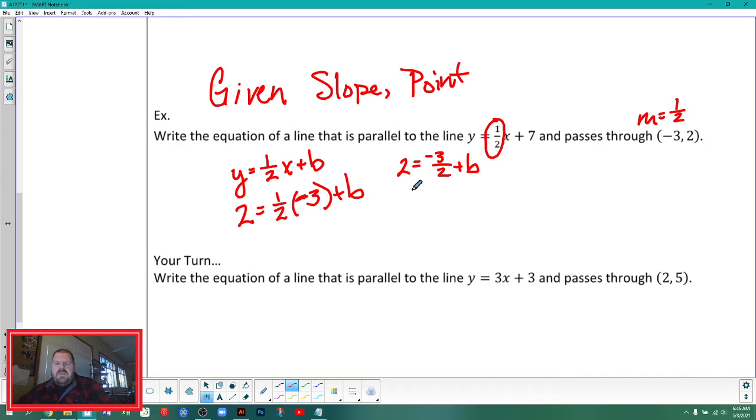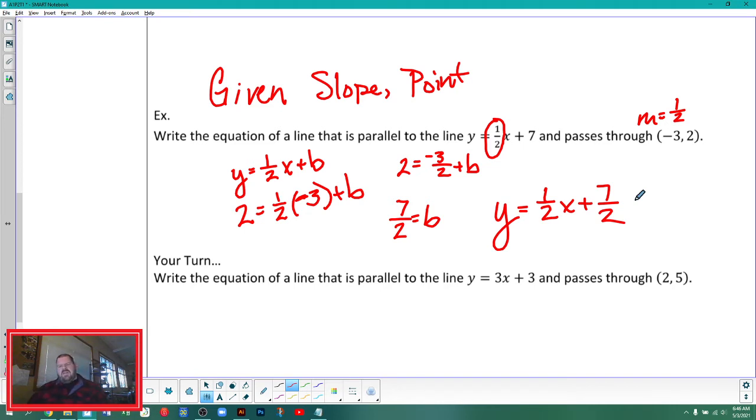Add 3/2 to both sides: that's 1.5, so 3.5, which is 7/2, is equal to b. So we get y = 1/2 x + 7/2. Go ahead and pause the video and try the next one.